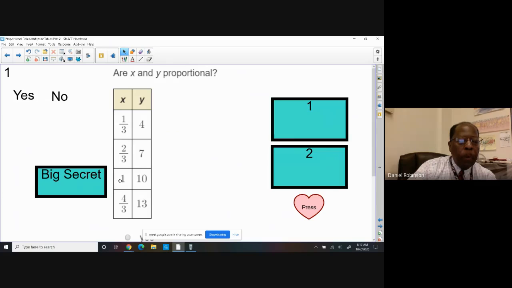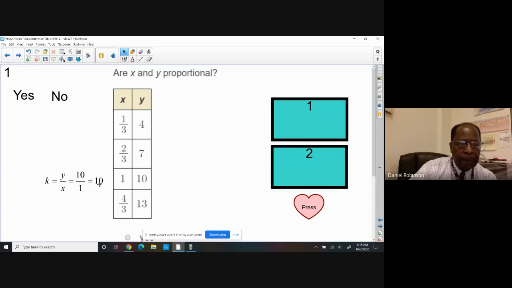Because when the x value is 1, that y number is my constant of proportionality. That's the big secret. You can find the constant of proportionality really easily by looking for x to be 1, and the value of y is that k value. So the constant of proportionality is 10.